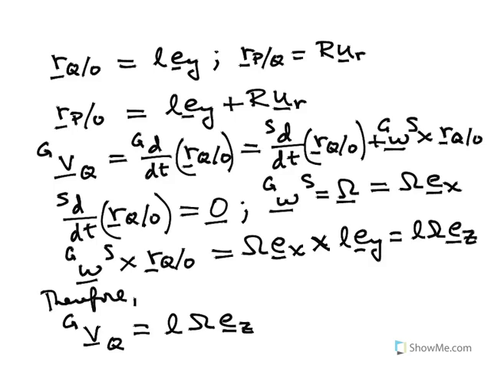The next part is going to be the velocity of point P. The velocity of point P as viewed by an observer fixed to the ground is equal to the rate of change, if you go back over here, it's the velocity of P, and I've got this relative to Q, right?